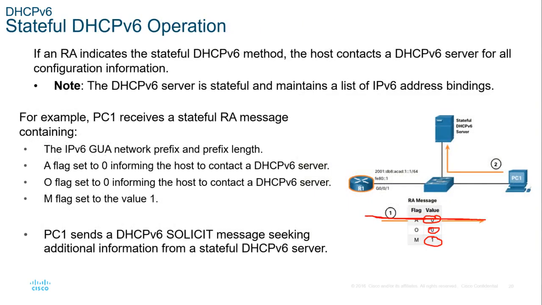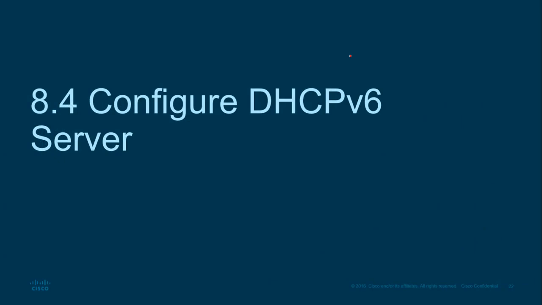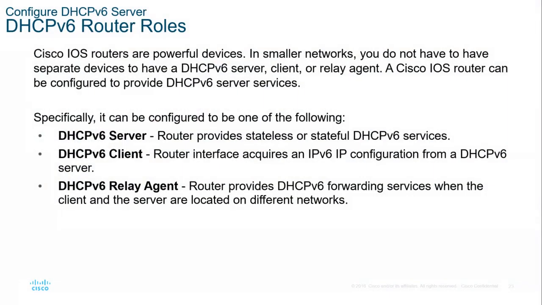Then for managed, still on that interface that connects to the end device, you put the IPv6 managed config flag on, so that the devices on that network are to receive addresses automatically.